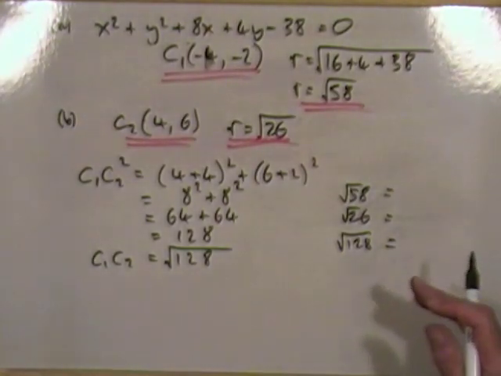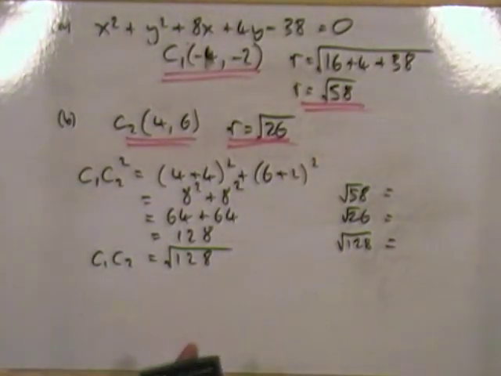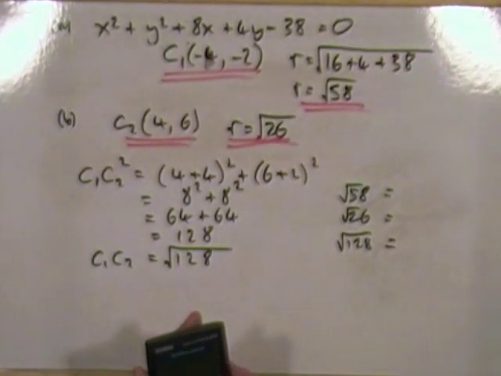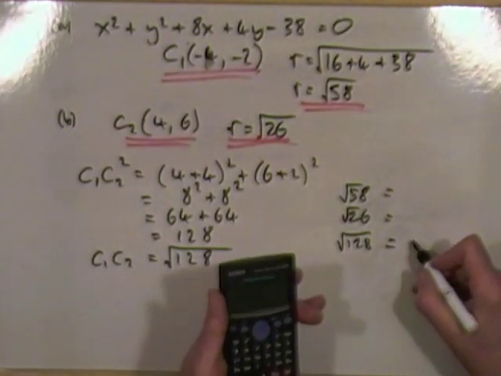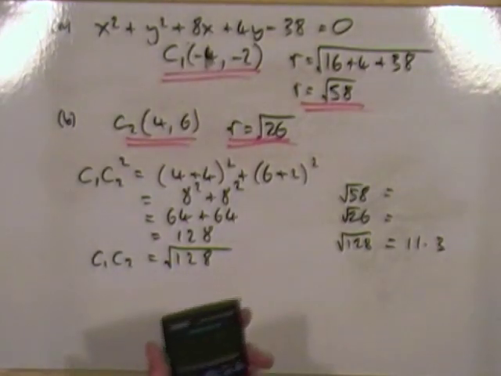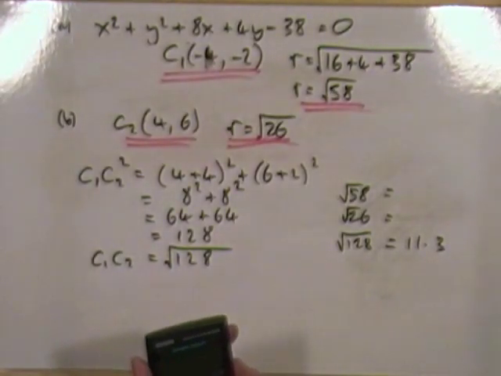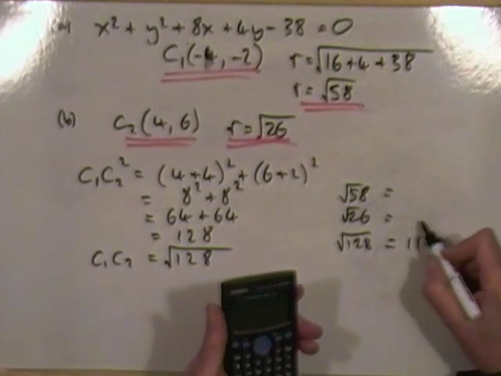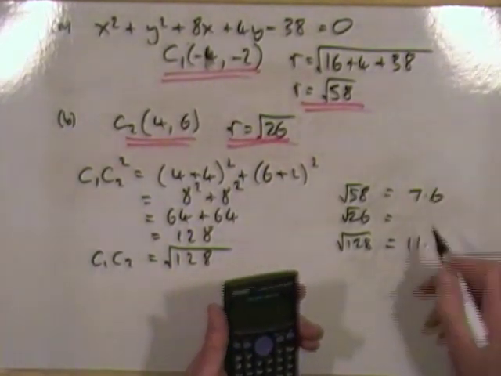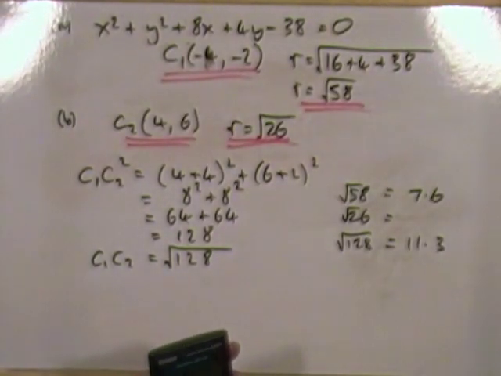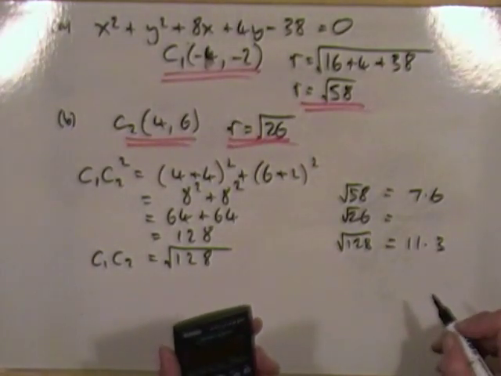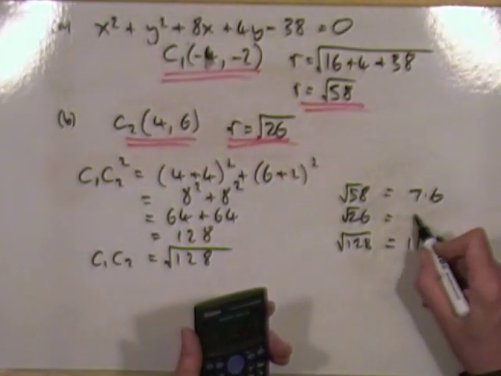So that's working them out. The square root of 128 is 11.3. The square root of 58 is 7.6, and the square root of 26 is 5.1.